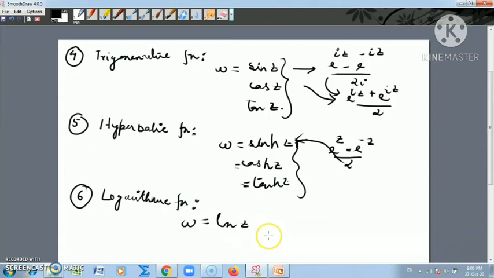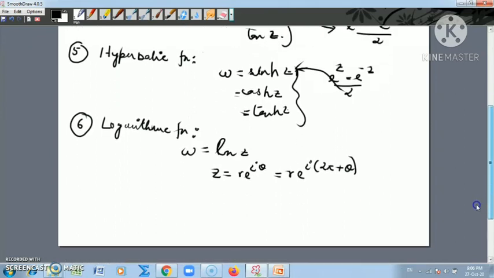One thing that we must remember is that z is equal to r e to the power i theta, and exponentiation is a periodic function, so this is e to the power i (2 pi plus theta). It's time we remember all these things which we already learned somewhere.